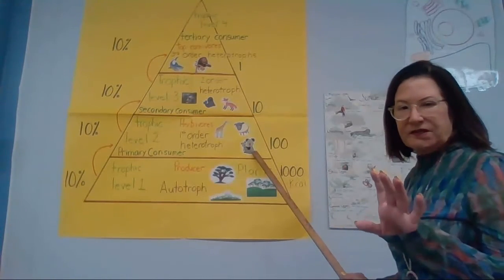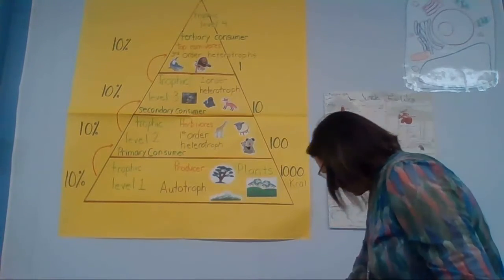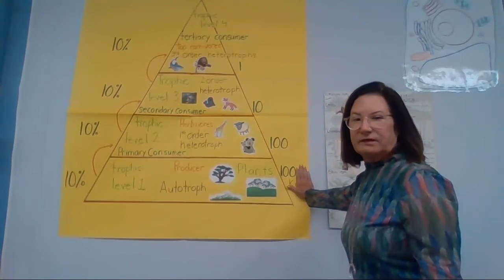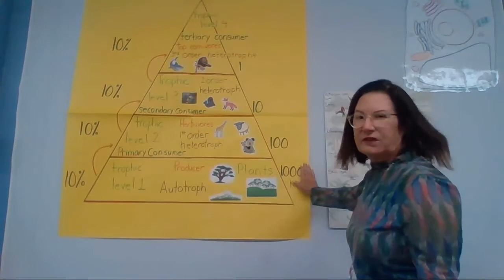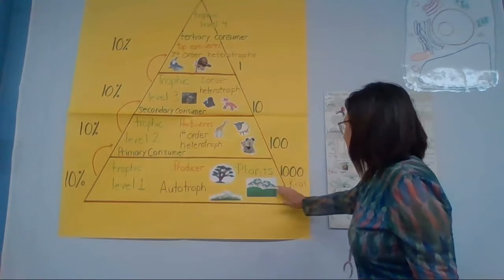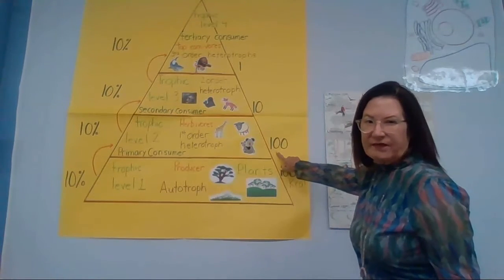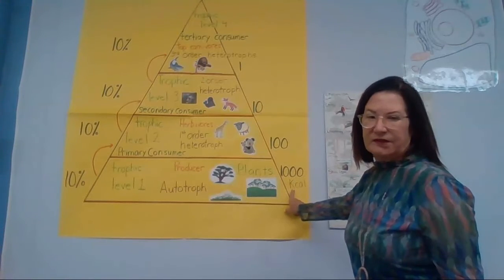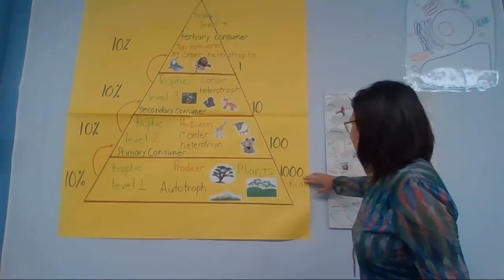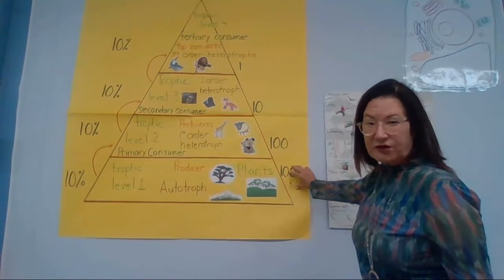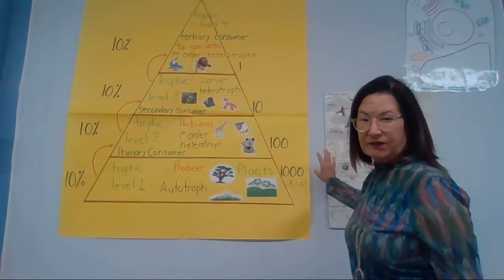And an easy way to think about this is as we move up, we're going to lose a 0, okay, or whatever the last number is, right? So if I have 1,000 and I'm only sending up 10%, notice I have 100 and not 1,000. So the rest of this, the 900, right, which is 90%, is lost as heat to the environment.